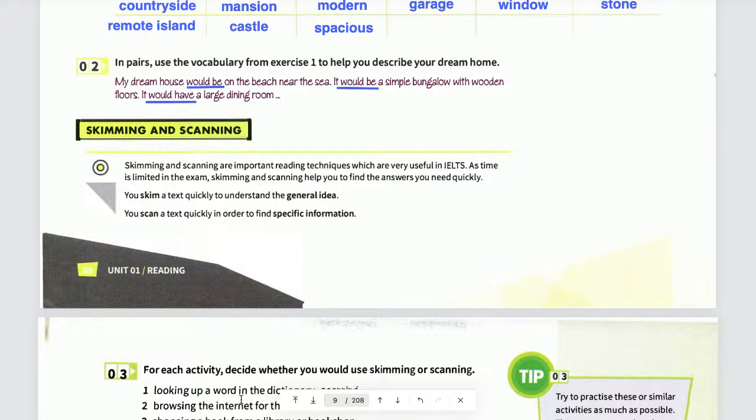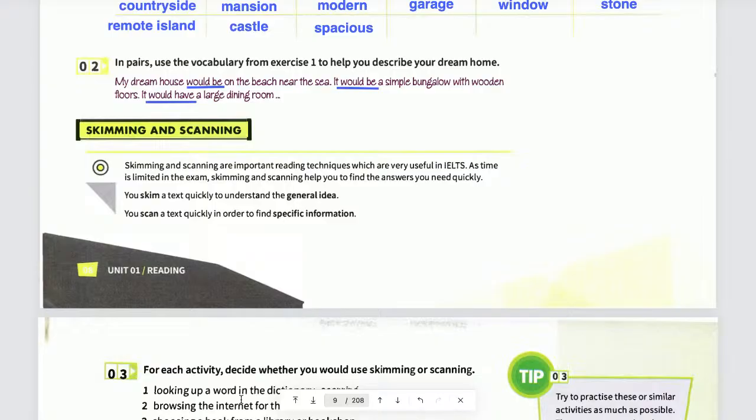The first one is correct, the second one is wrong. Someone else, please. Nhi. Skimming to understand the main idea and scanning to find specific information. Yeah, kind of almost. Someone else, please.